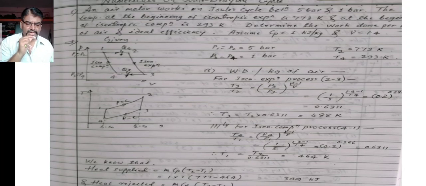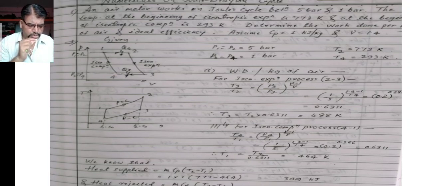Now we know heat supplied for this Joule-Brayton cycle is m Cp, higher minus lower temperature. Value of m is 1, Cp is 1, it is given. After putting the values, I get the heat supplied as 309 kilojoules, and heat rejected is equal to m Cp (T3 minus T4).